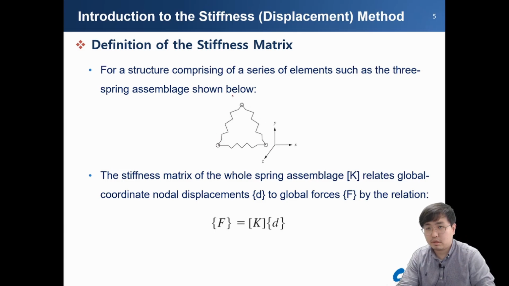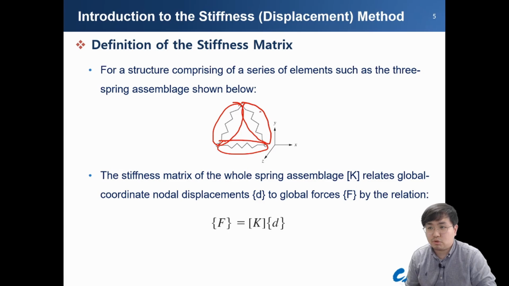It looks like this. This is an assembled spring element. Just imagine that this is an artificial solid structure, but I'm not sure where we can use this assembled spring element. Anyway, we should define the single element stiffness matrix, and then assemble this local stiffness matrix equation into the global stiffness matrix equation.